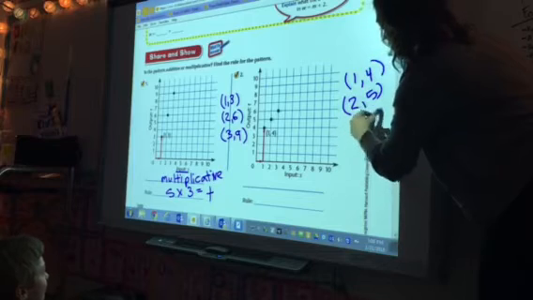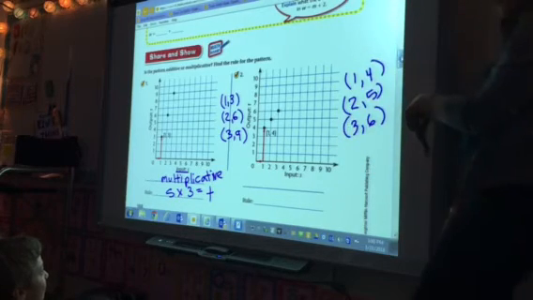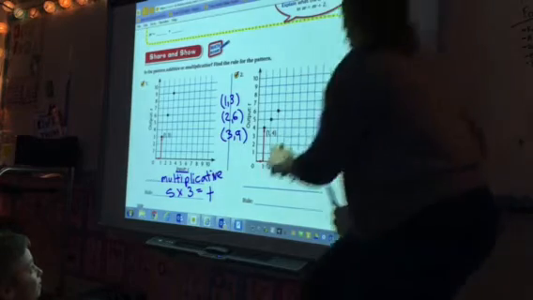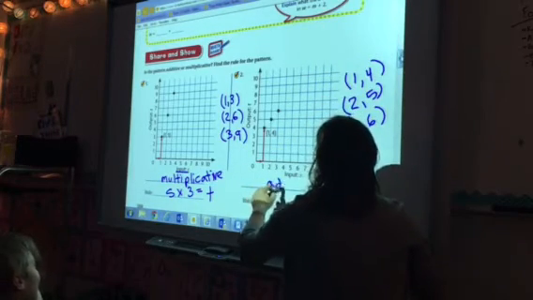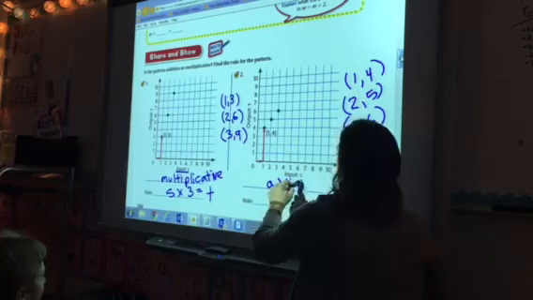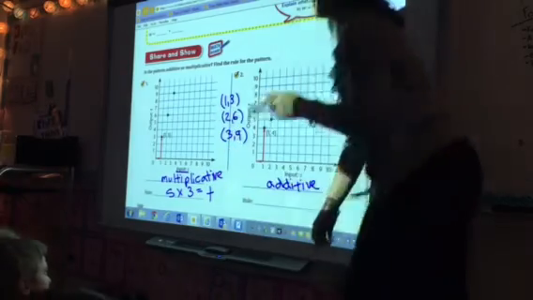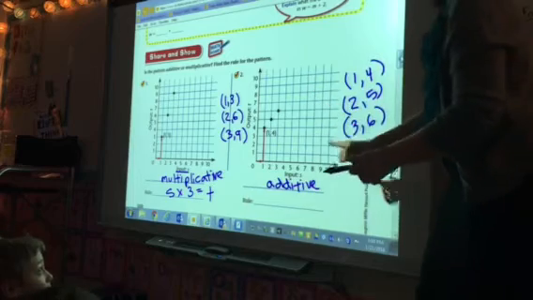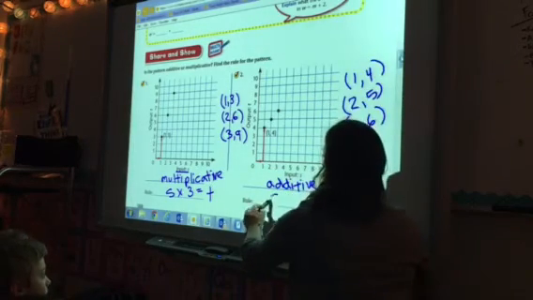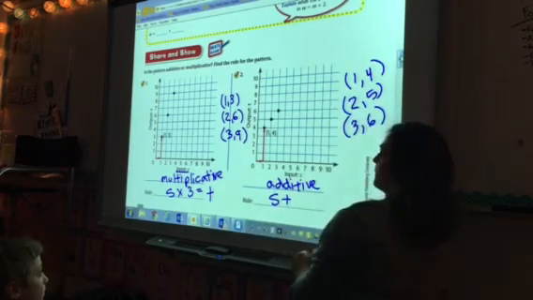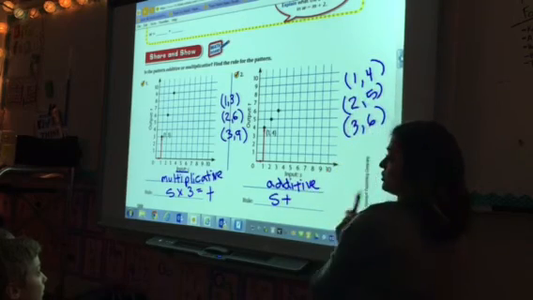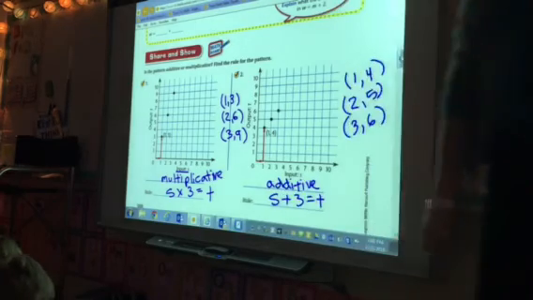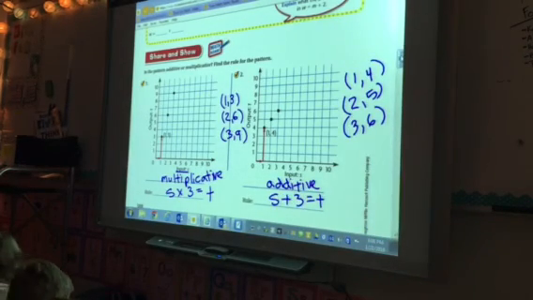Good job. So what are y'all seeing from my input to my output? Is it additive or multiplicative? Additive, plus 3. When you say plus 3, you've got to say the input plus 3. S plus 3 equals T. Nice job, guys.